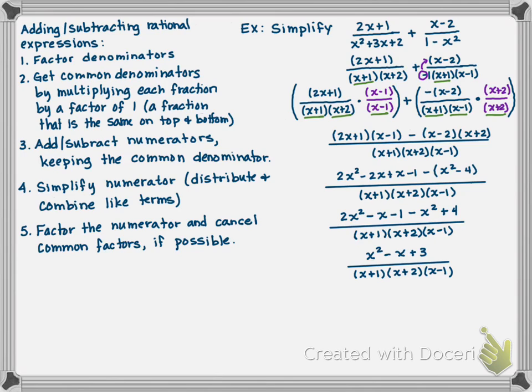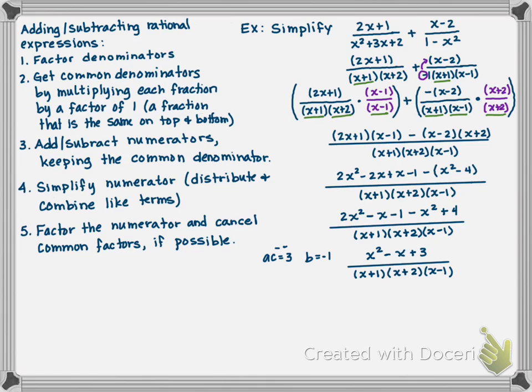But don't be alarmed if it's not possible, because remember, just like we said with that numerical example at the beginning, sometimes you just end up with something that's bigger and uglier than maybe you want it to be, but it's perfectly common for that to happen. It doesn't mean that you did something wrong. So in this example, we can't go any further than this, right? Because AC is 3 and B is negative 1.